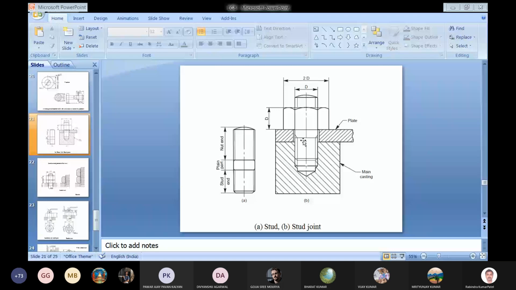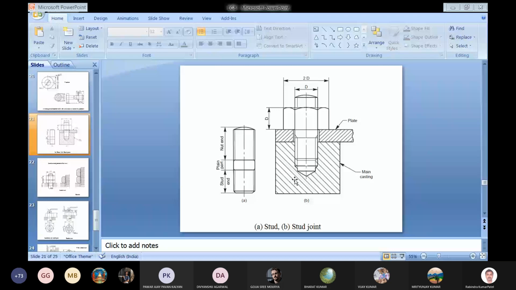We use studs where we don't have a screw head, at locations where there are two places to put the threaded part. One threaded part is in the main casting, and we use it at locations where we don't have to disassemble the parts again and again.